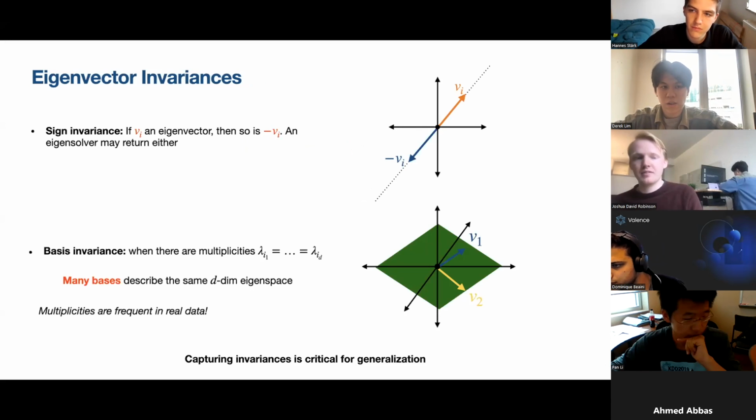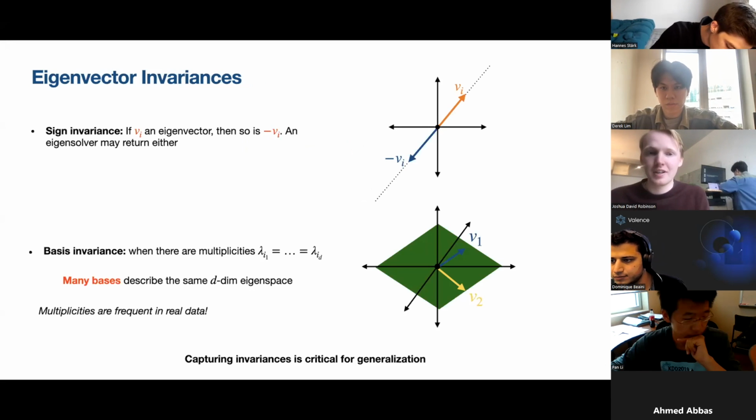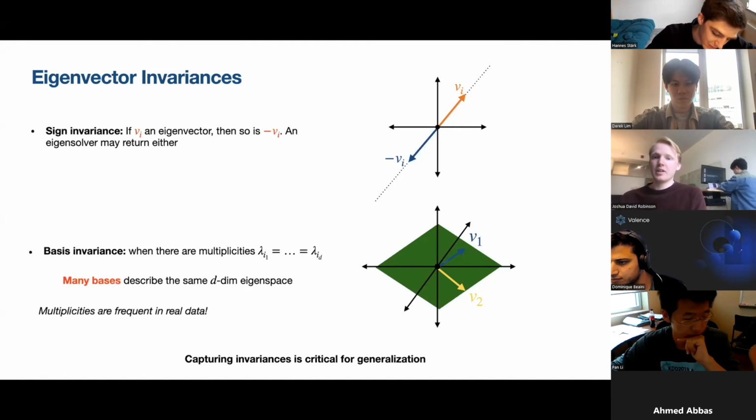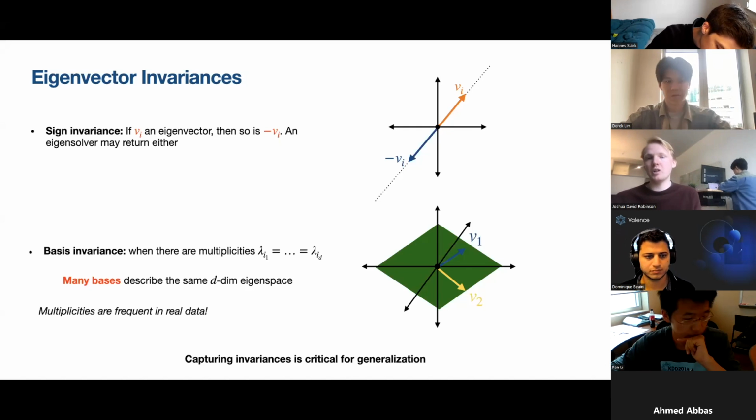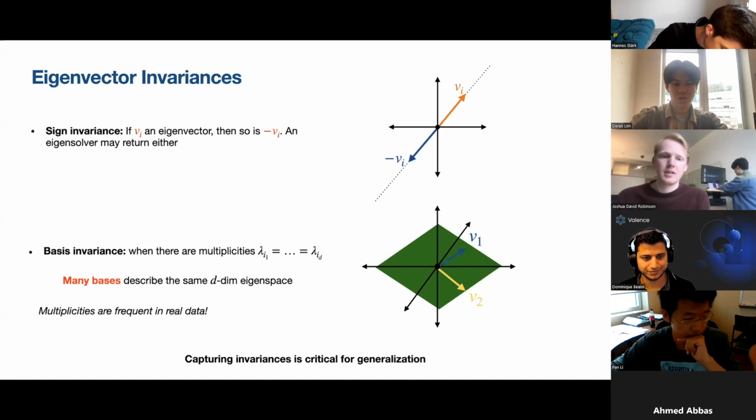If you have an eigenvector v, then actually the entire subspace spanned by that eigenvector defines a set of eigenvectors with the same corresponding eigenvalue besides the zero vector. So if we're looking only at unit norm vectors, then whenever v is an eigenvector, then so is minus v. And when you run an eigensolver on your underlying matrix to compute these eigenvectors, it could return either plus or minus v. So there is a sign ambiguity there.